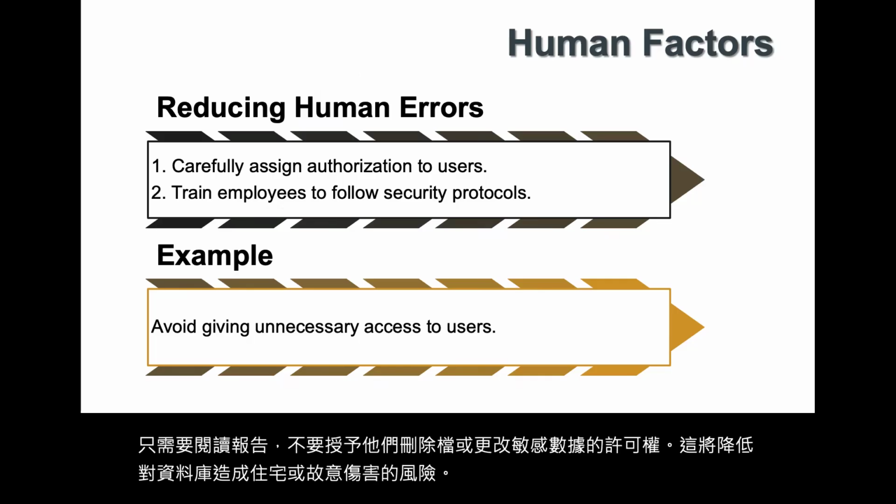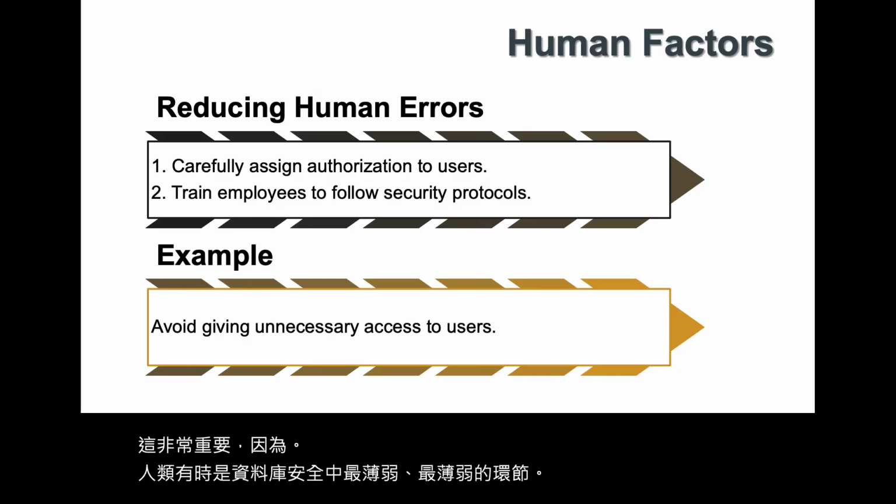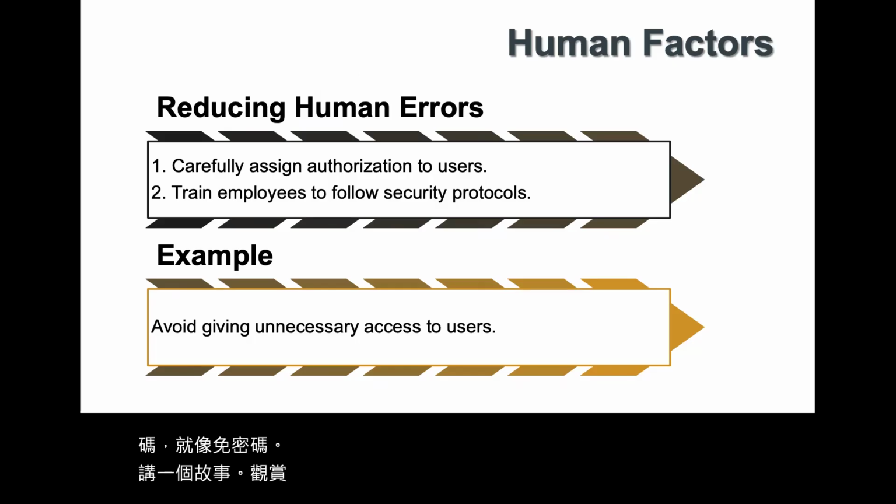And this is very important because humans are sometimes the weakest link in database security. Even small mistakes, like using a weak, free password, can lead to security breaches. It will lead to a big problem.